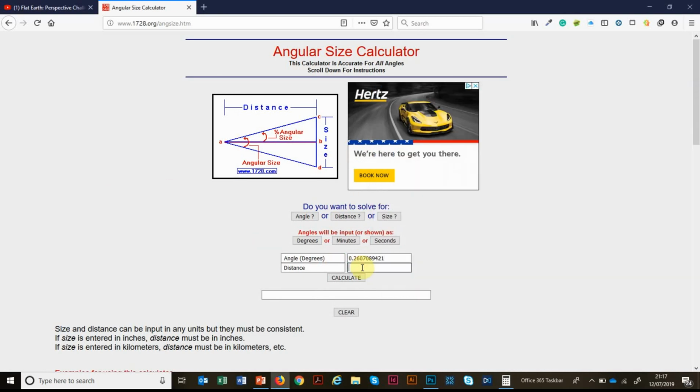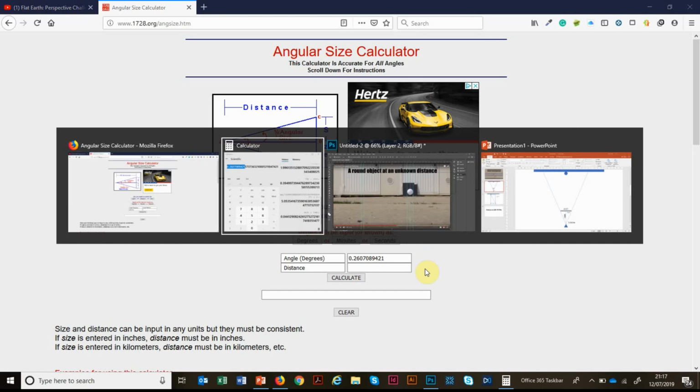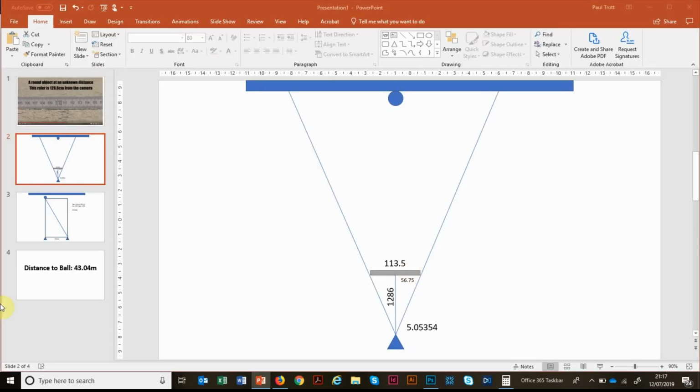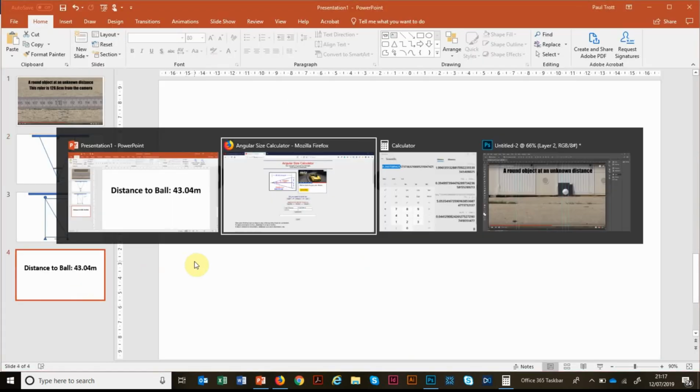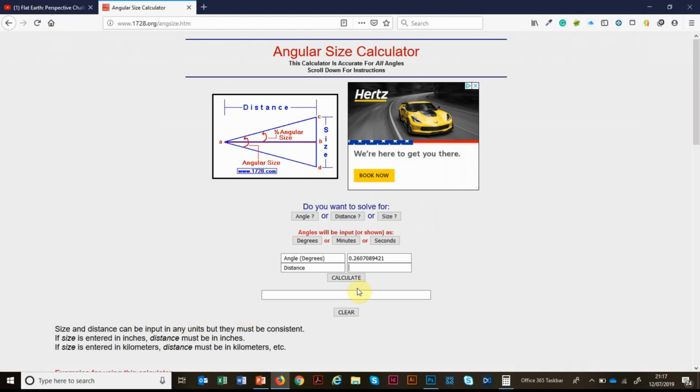And the distance is 43.04. Do you know what? I'm going to put it in centimeters, 4304 centimeters, because the ball then will be in centimeters. The width of the ball I have as 19.6 centimeters diameter.